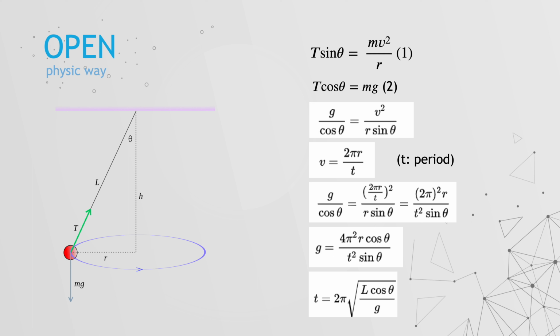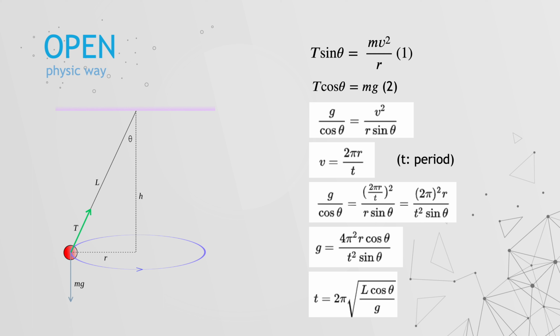Let's take a look at the graph, and we assume T equals the tension of the string, and mg equals the force of gravity, and we have the first formula, T sine theta equals m v squared divided by r, and the second formula, T cosine theta equals mg.